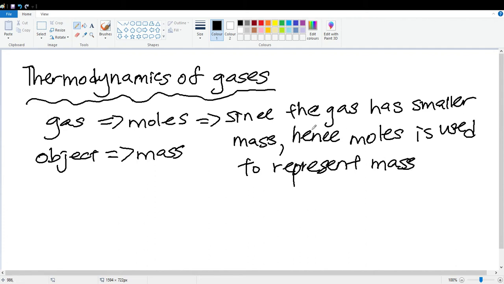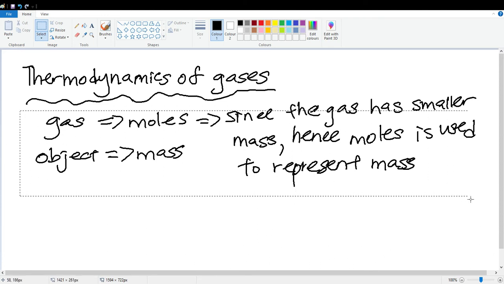Gas and liquid, like water, we usually calculate in terms of moles.